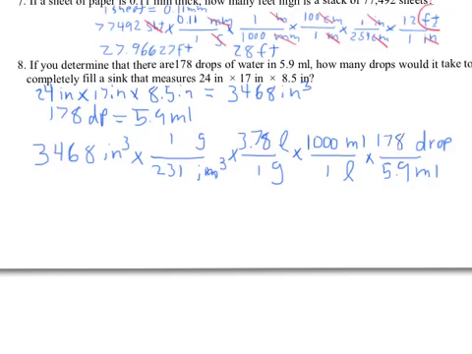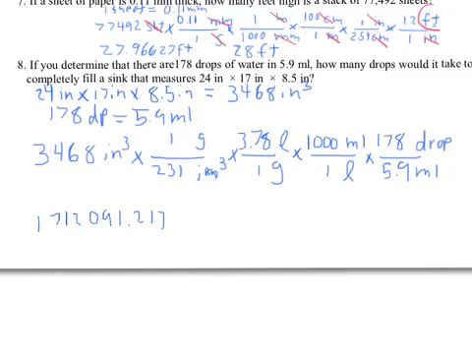Now I'm just going to multiply the tops and divide by the bottoms, and when I do that, what I come up with is 1,712,091.217.